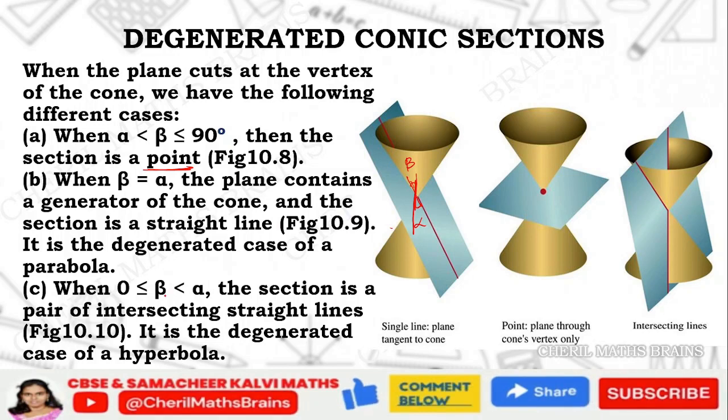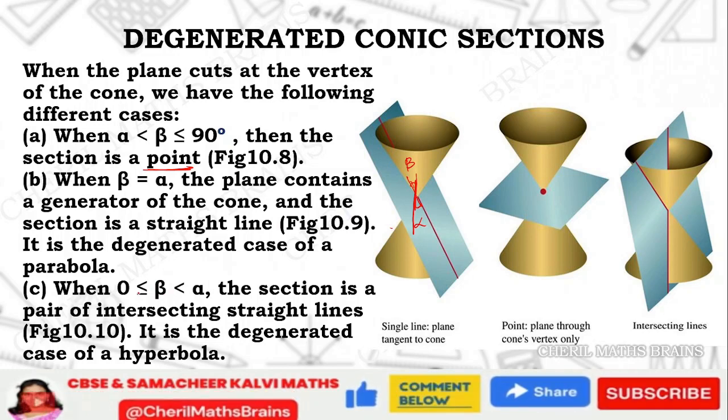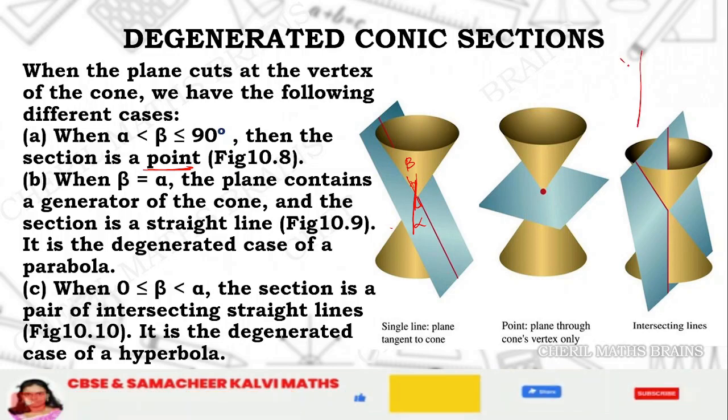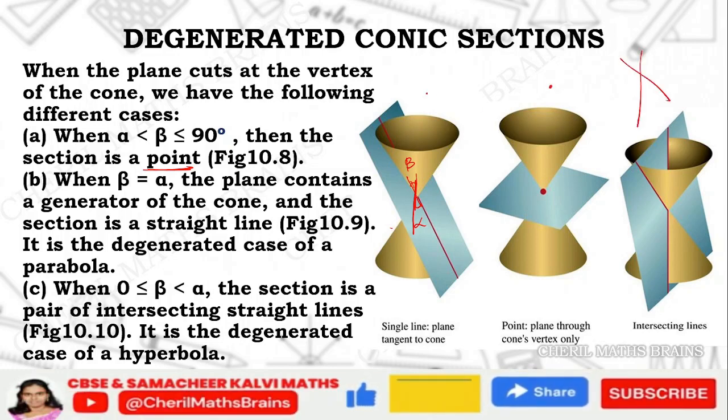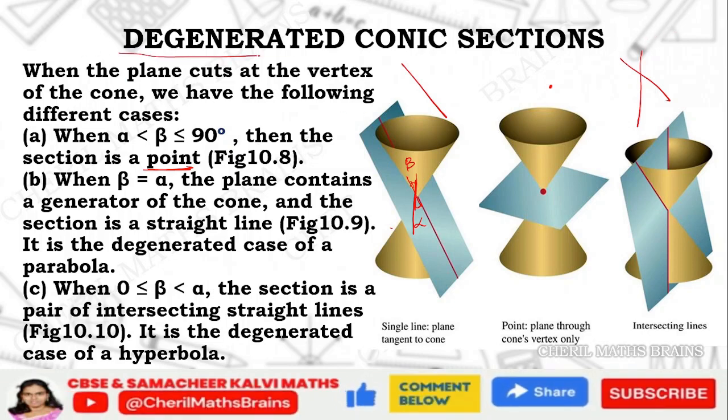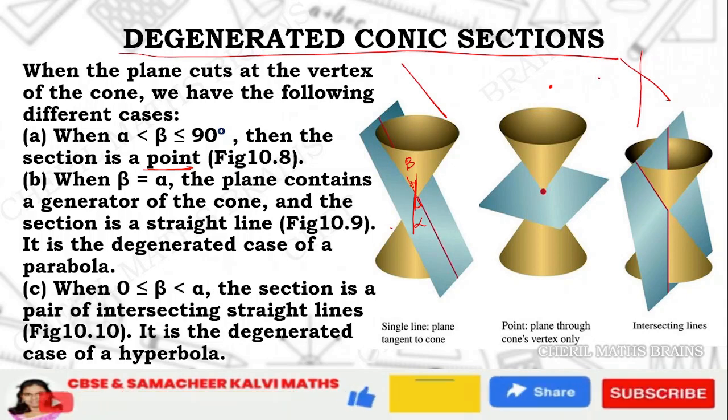Where beta is greater than or equal to 0 and less than alpha, you get intersecting lines. Here you have a point, here a straight line, and here two intersecting straight lines. This is all about the degenerated conic sections.